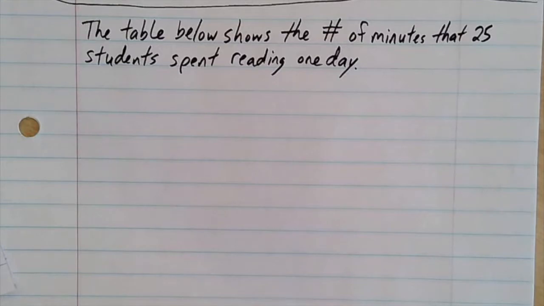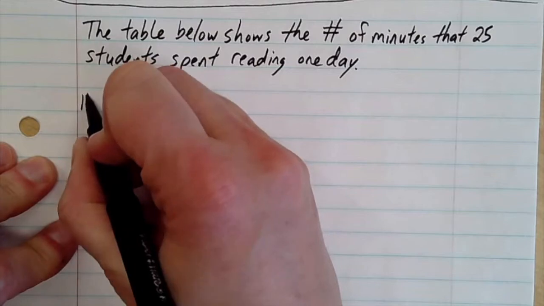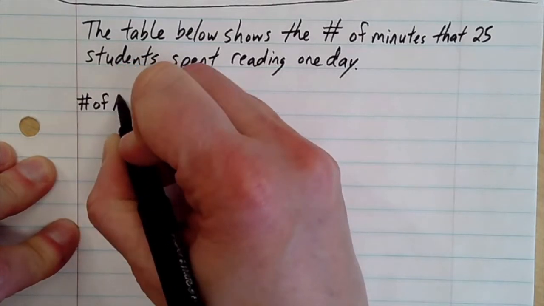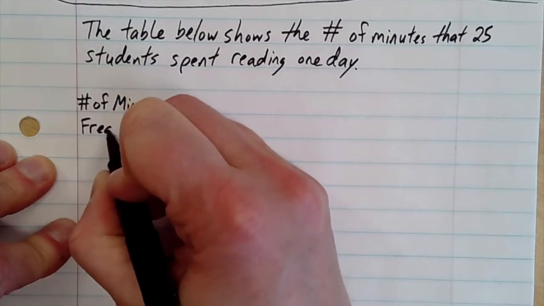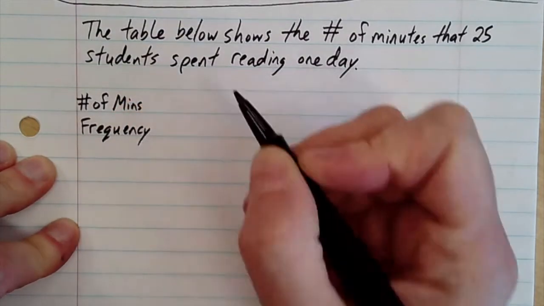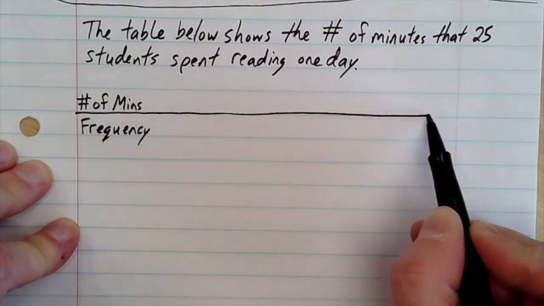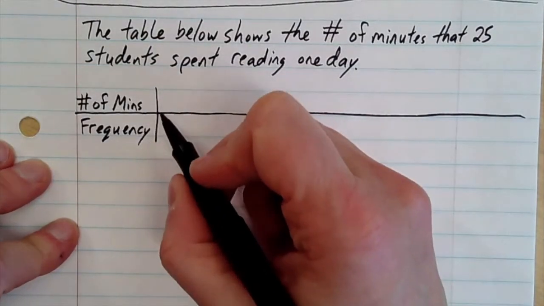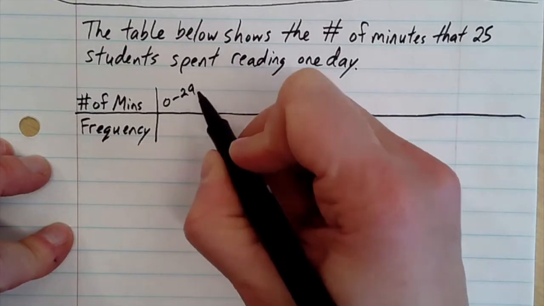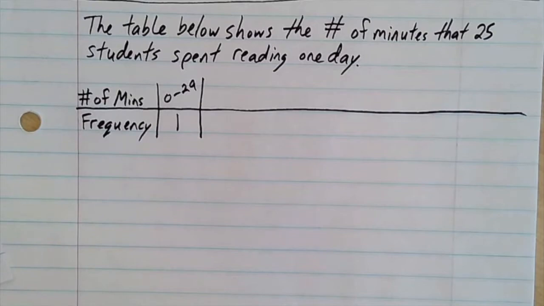So within the table here, I'm going to leave this line blank and then come down here. I'm going to label this one number of minutes, and then this one's going to be the frequency. So when I kind of draw a line here, split them up, kind of do something like this. So I've got 0 to 29 minutes. I'm going to kind of draw a bar here. The frequency is 1, meaning like one student read between 0 and 29.